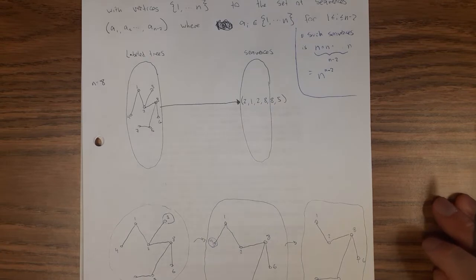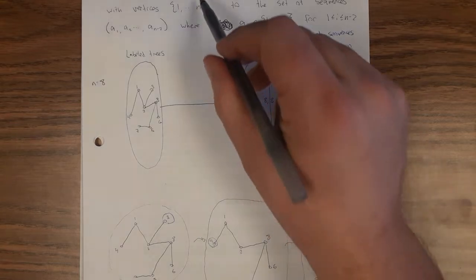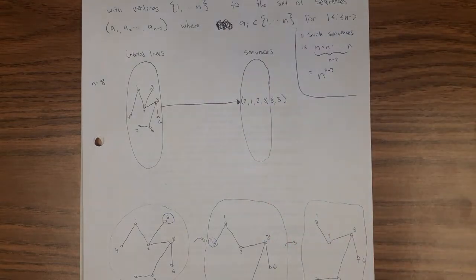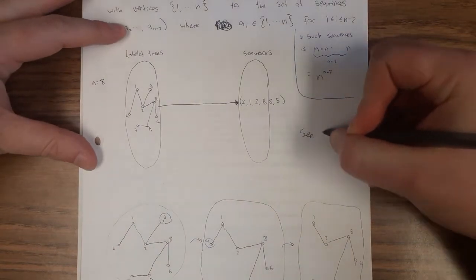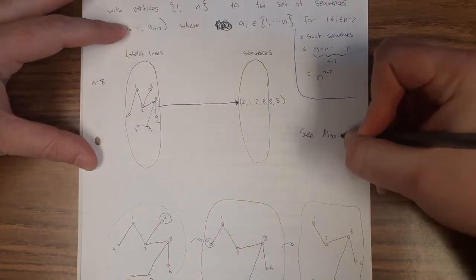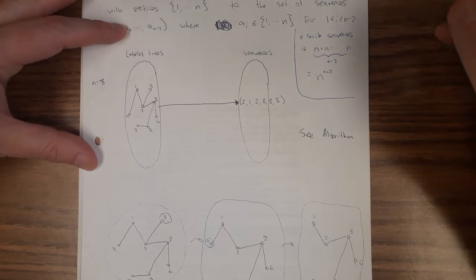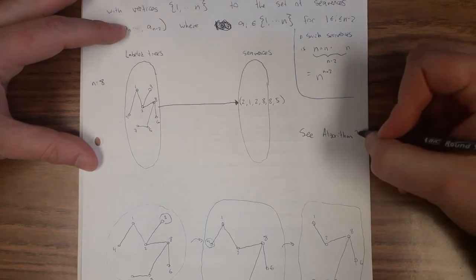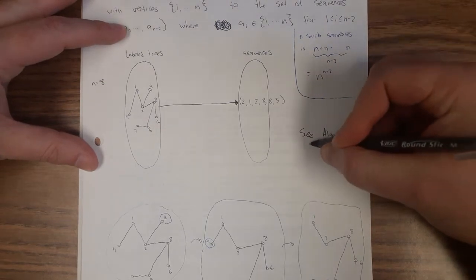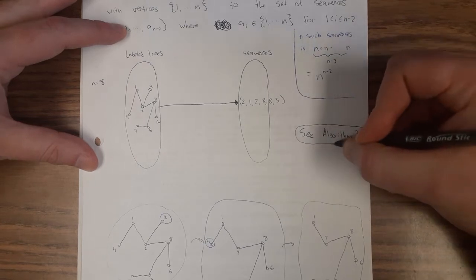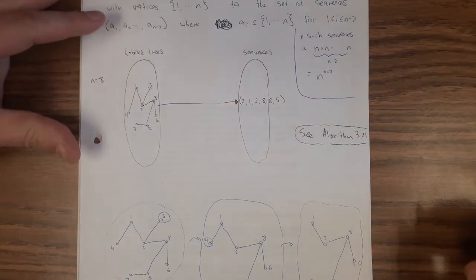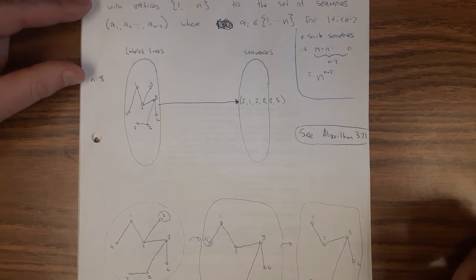And let's talk about how that is, and this is my description of the function. It's not the easiest function to describe. You can see a formal description in the book. I'm just going to describe it out loud on this video.